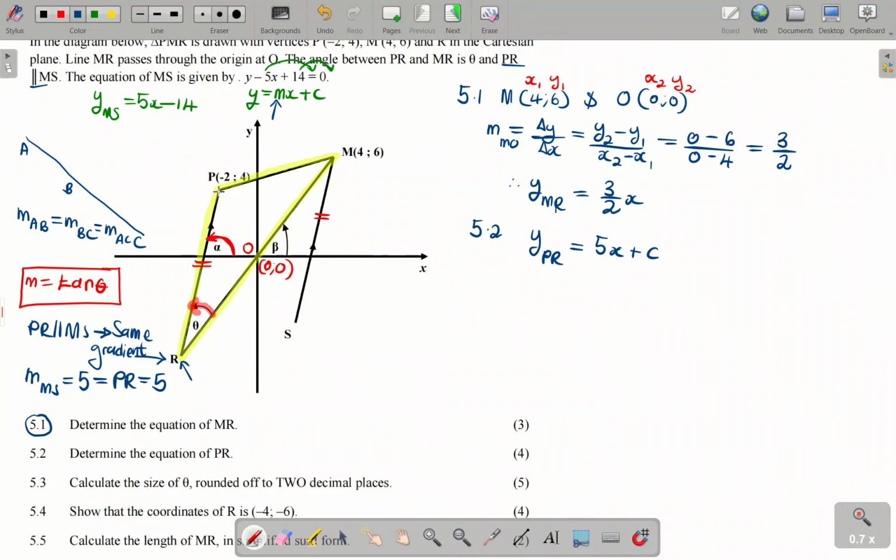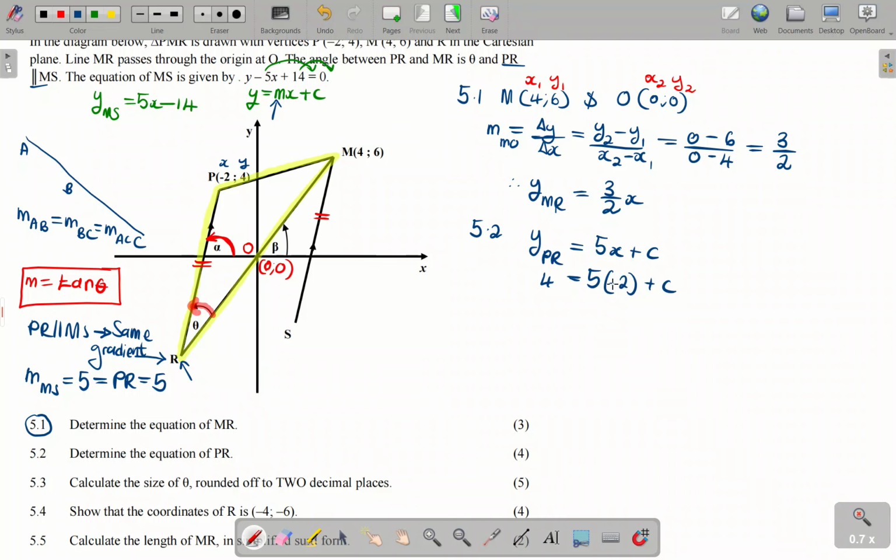To find c, you just use any points, points P or R. But in this case, you have P, so you're just going to use P there. So now this becomes your x, your y. Your y is 4, which is equal to 5 times your x, which is -2, plus c. So 5 times 2 is 10, and that's -10.